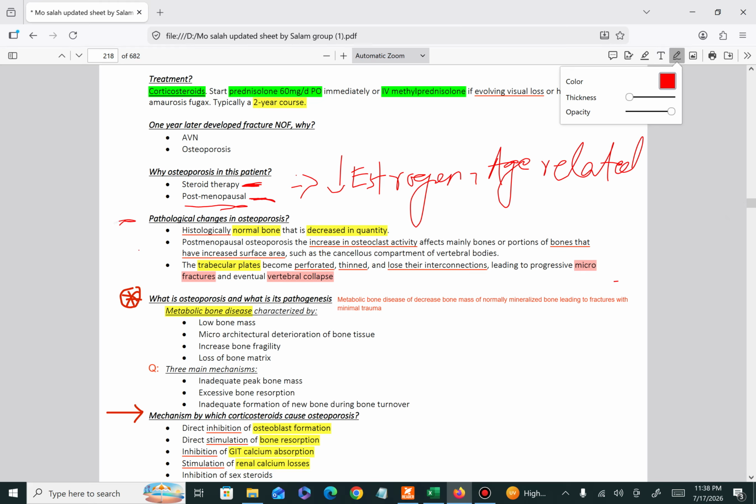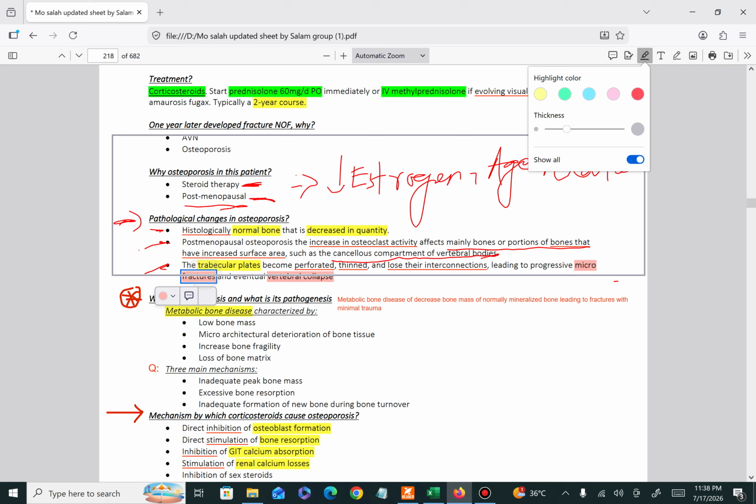So, pathological changes in osteoporosis. As I mentioned before, there will be histologically normal bone that is decreased in quantity, so decreased bone mass. Postmenopausal osteoporosis is an increase in osteoclastic activity, which affects mainly bones or portions of bones that have increased surface area, such as the cancellous compartment of vertebral bodies.